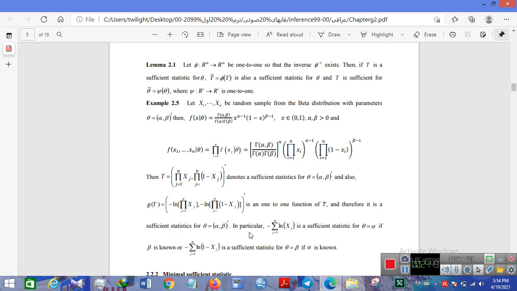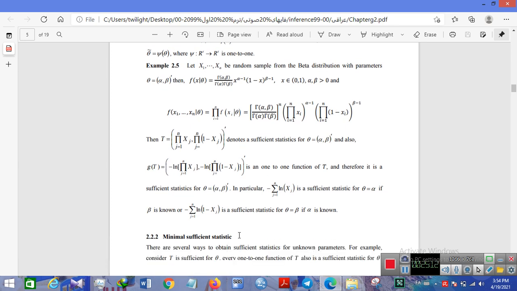And in particular, minus the summation of ln x_i is sufficient for theta when beta is known, or minus the summation of ln(1 minus x_i) is sufficient for theta when alpha is known.